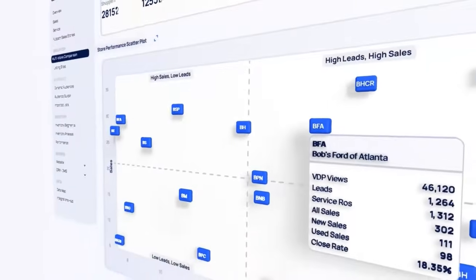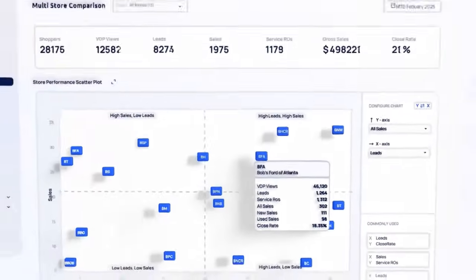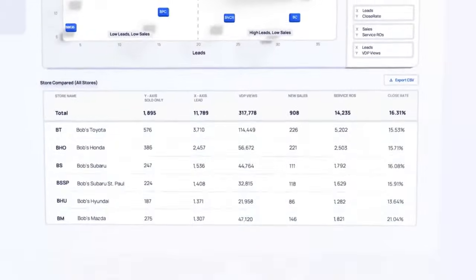Then we can throw that up, and you as the dealer have the ability to change the X and Y axis to spot where I need to go in and see what is happening, and also where we can make decisions based off that. I feel like one of the things I consistently hear from some of the groups that we're working with is the ability to drill into the data to create better action and better business outcomes for both sales and service so that they can direct their managers and their teams appropriately.